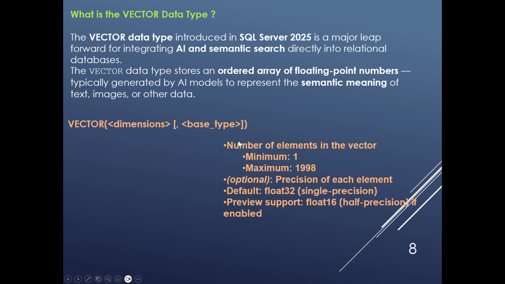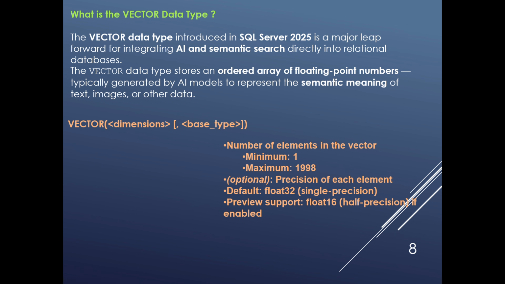So, basically there are parts of the vector data type. The first part is dimension. The number of elements in a vector data type should be minimum 1 and can go up to 1998. When I say number of elements, it means number of dimensions. This vector can have a minimum of 1 dimension and a maximum of 1998 dimensions.